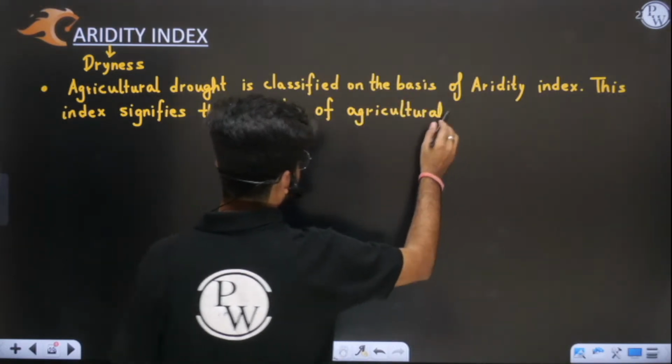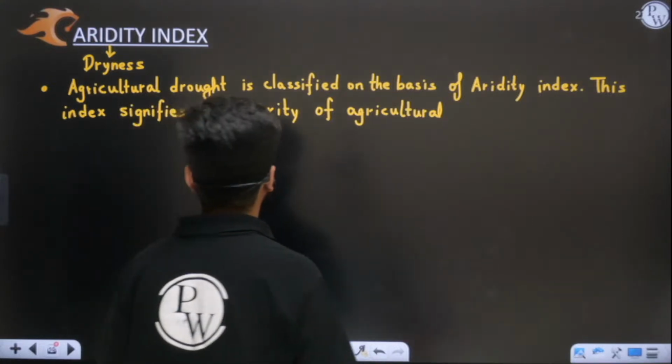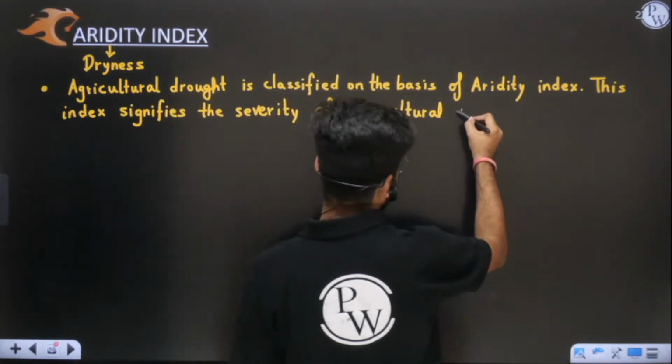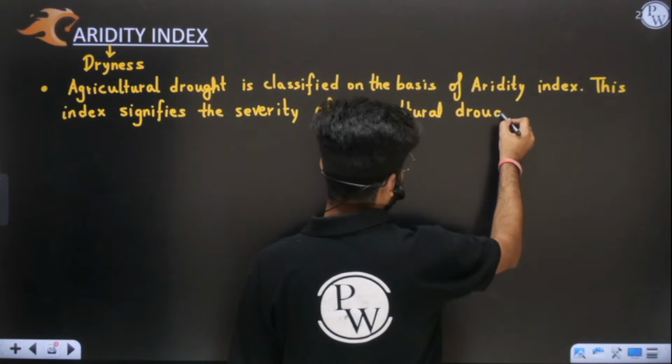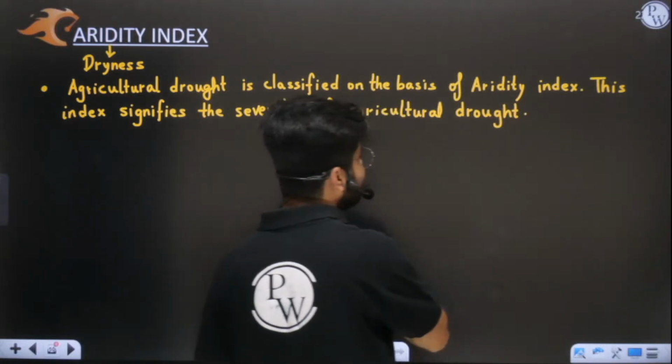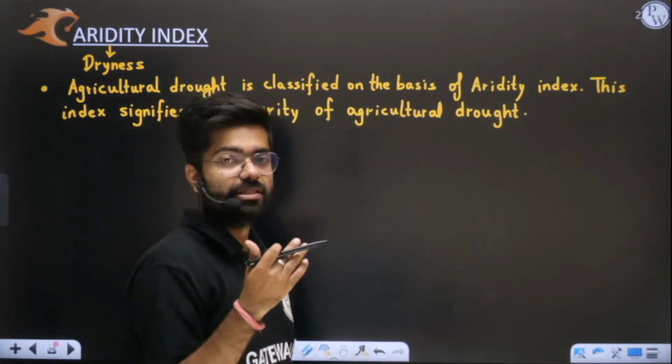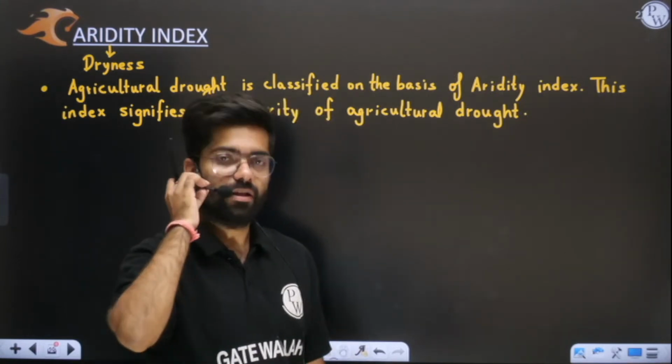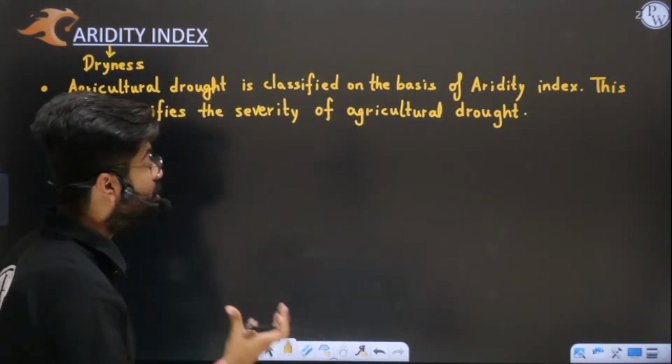Is it moderate, is it mild, or is it very, very severe? Sir, this thing is very clear to me. The aridity index is important. If this dryness is more, then obviously the drought is very, very severe.